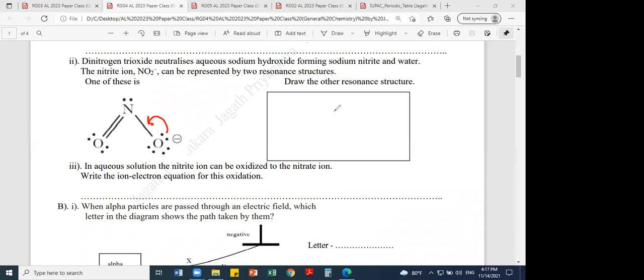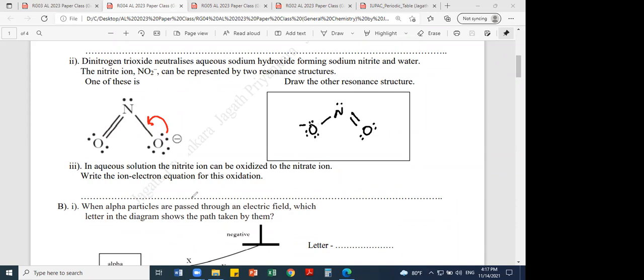So you can draw nitrogen with the double bond this side, then no formal charge on oxygen. This side you can have a single bond, then you get minus, so there will be a lone pair on this. When there's a minus charge on oxygen, there are 3 lone pairs. So this is the other resonance structure.